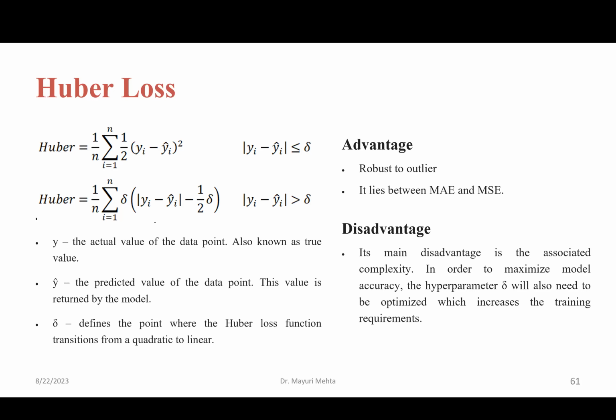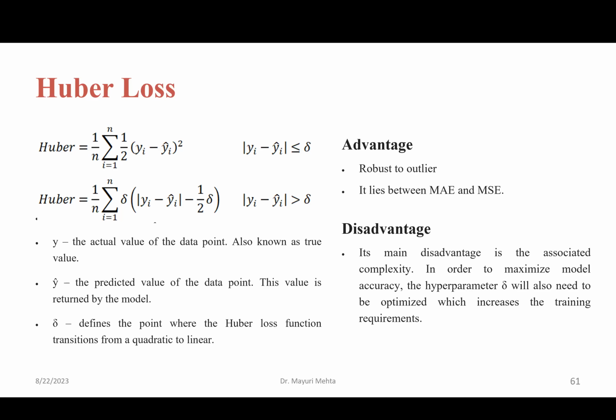However, the disadvantage is the complexity in calculating this loss. Compared to MAE and MSE, the computation of Huber loss is complex. In order to maximize model accuracy, the hyperparameter rho also needs to be optimized, which increases the training requirements.